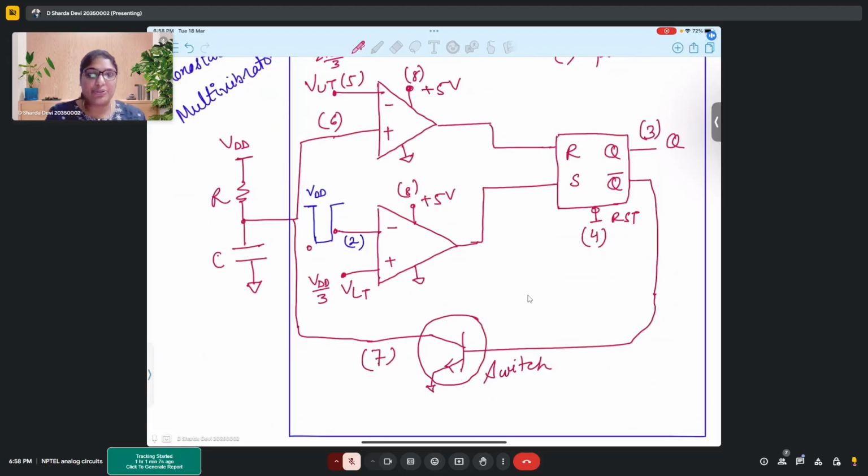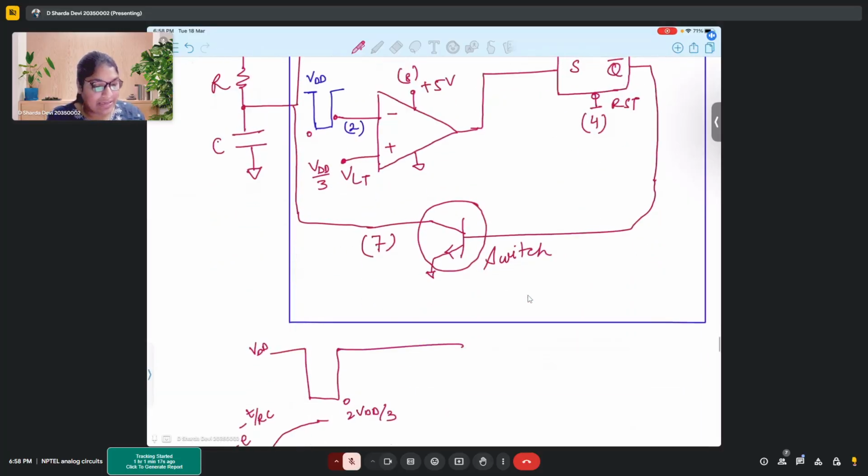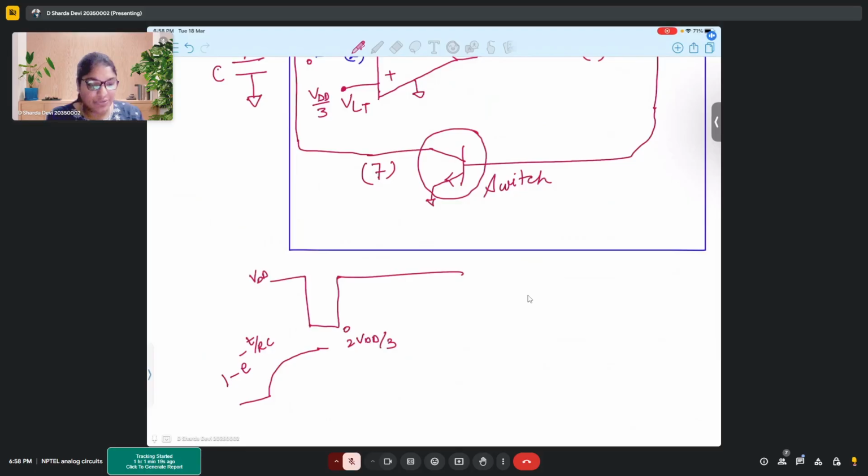So since upper threshold is triggered, the output will become 0. So here you will have a reset, and because of reset your Q flips. So until now, if the capacitor was charging, now it will start to discharge.